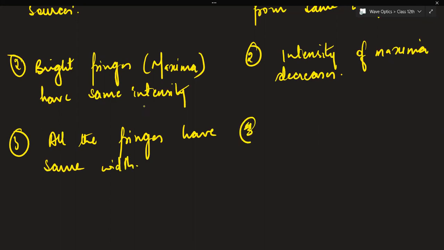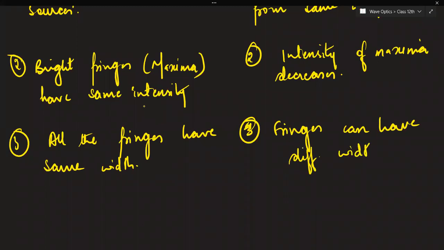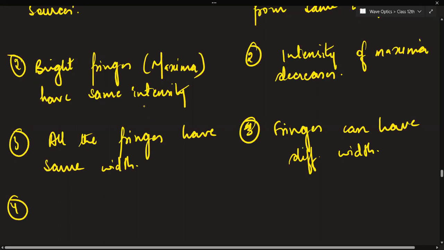Third point here, fringes, they can have different width. One last point that, see, there's a good contrast between bright and dark fringes in case of interference.